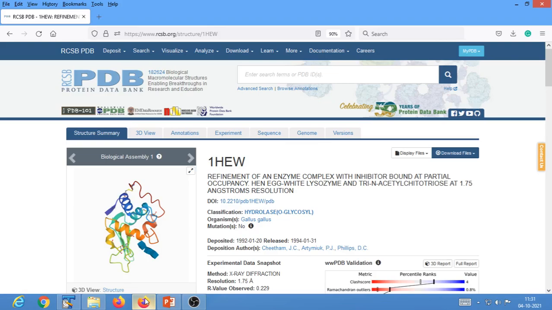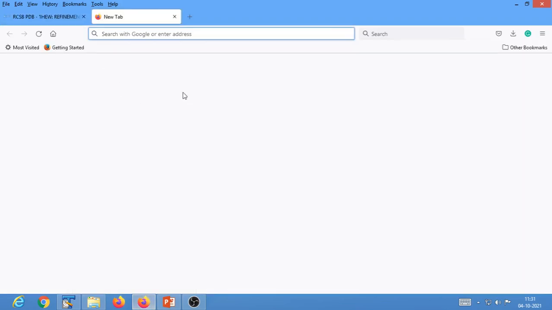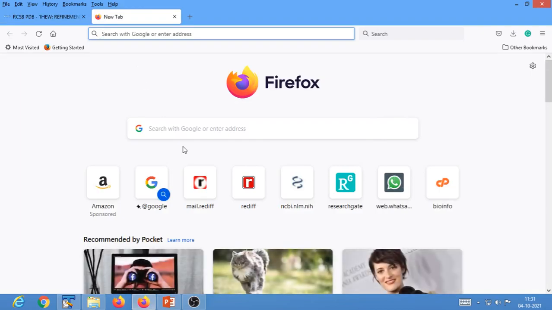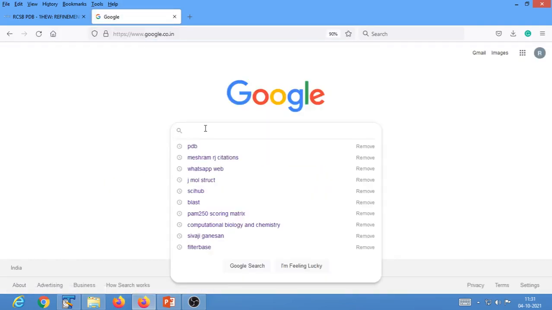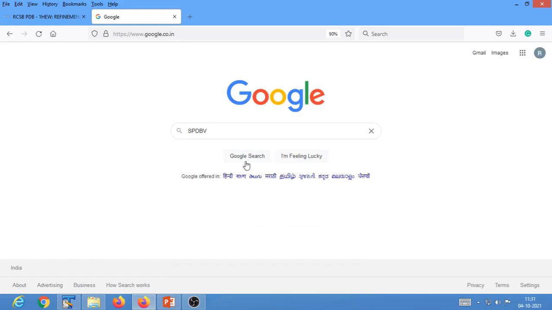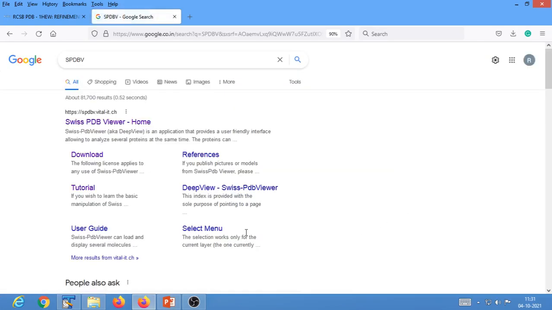For example, you can use PyMOL, you can use RasMol, you can even use VMD. But for our demonstration purposes, most of the time we would be dealing with SPDBV. You can search for SPDBV and go to the download page of Swiss PDB Viewer.